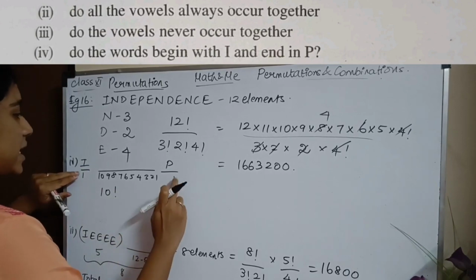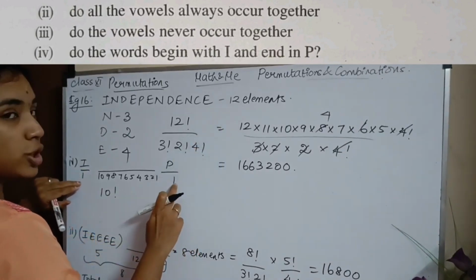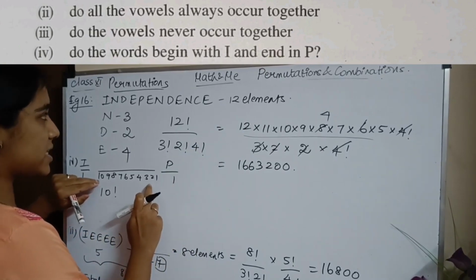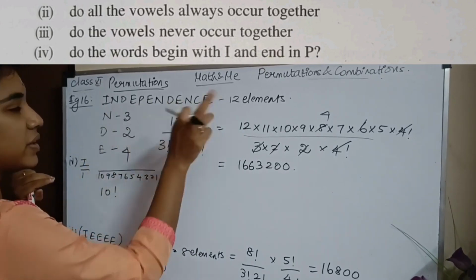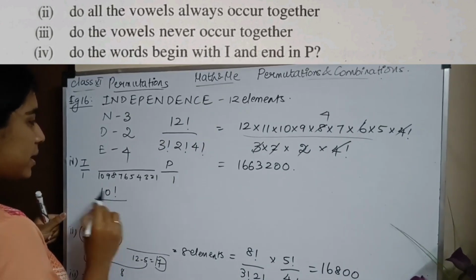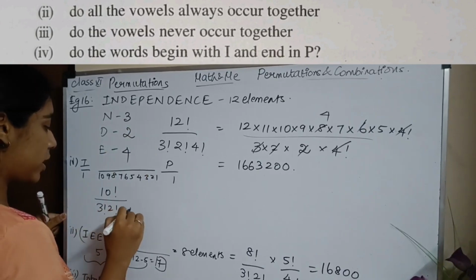So first place I, last place P, we have 12 in total, in which 2 choices are lost here, so I have 10 choices that are left. Other than I and P, I have 10 other alphabets, so they can be arranged in 10 factorial ways. I have to omit the repetition, so it will be divided by 3 factorial, 2 factorial and 4 factorial.